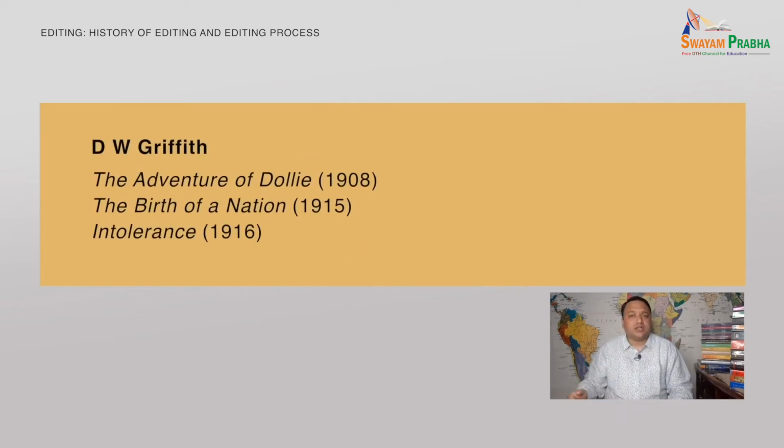The altering jargon part of the editing would not be complete without mentioning the contribution of D.W. Griffith and his work. The Adventures of Dollie, which was released in 1908, was his directorial debut also.